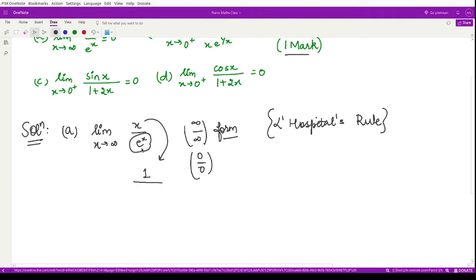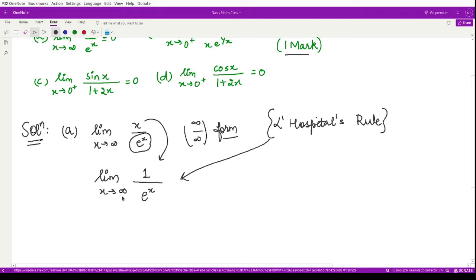The derivative of e to the power x is nothing but e to the power x. So your limit now reduces to the limit as x goes to infinity of 1 divided by e to the power x, right? This is according to L'Hopital's rule, because in this case we have the infinity by infinity form.